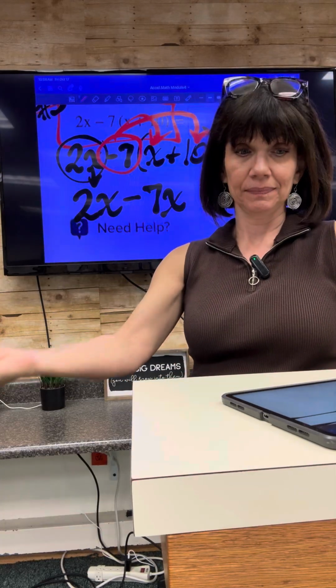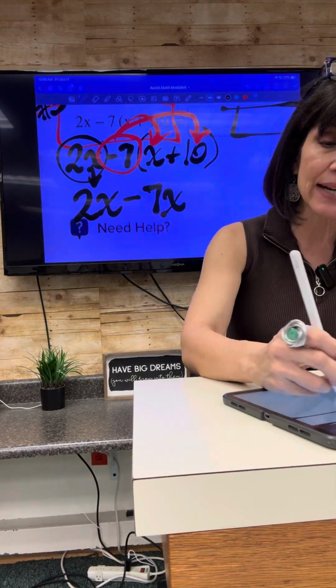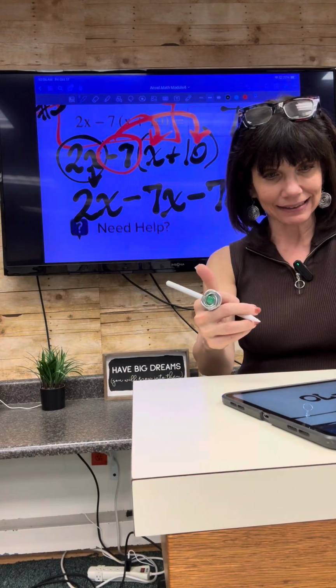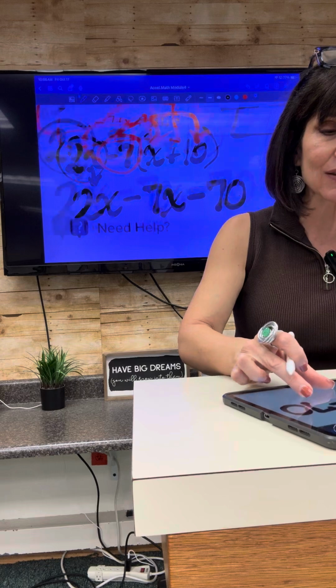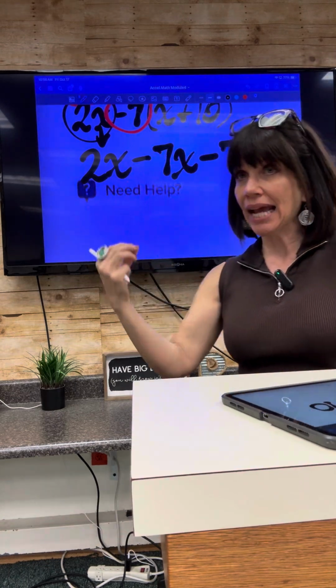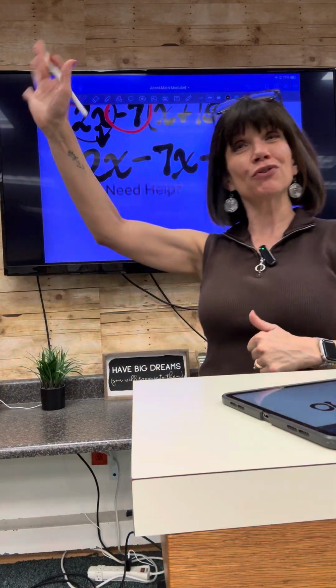Say it. Negative 70. Is it okay if that now looks like minus 70? Yes. What is my next step? Combine like terms. Am I combining coefficients or am I combining constants? Say it. Coefficients. Wait a minute if you said coefficients.